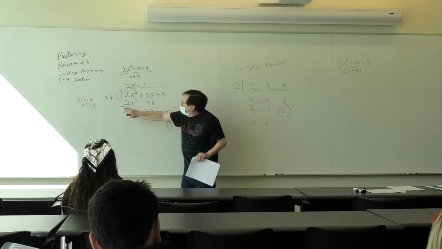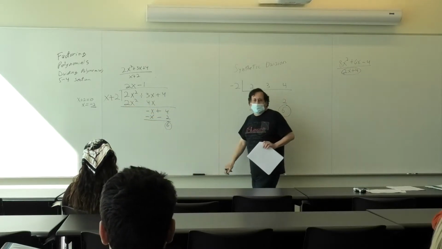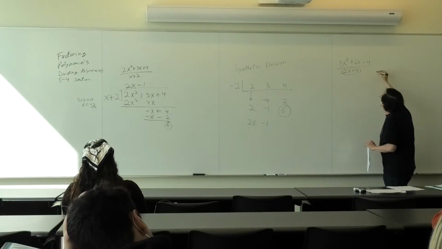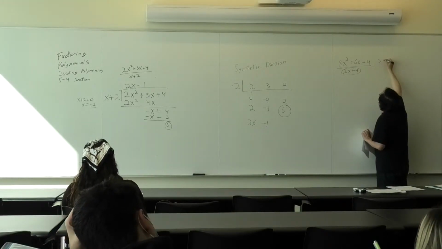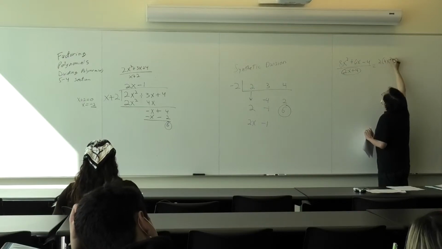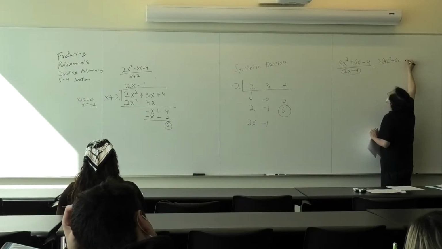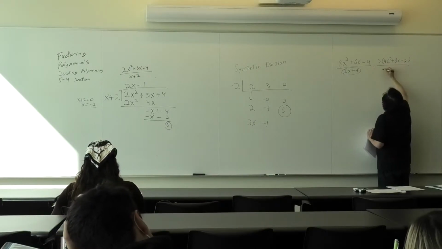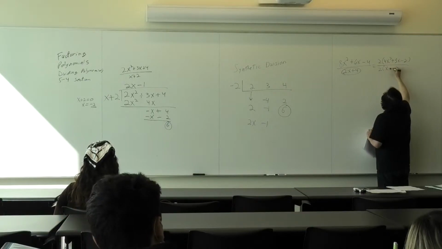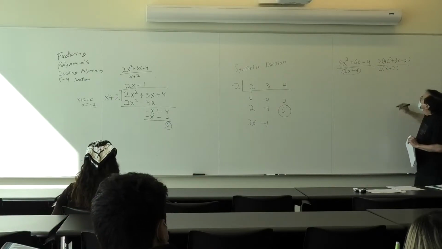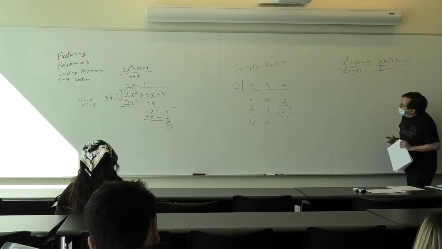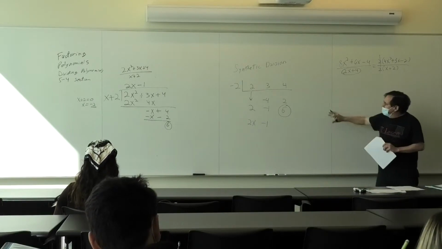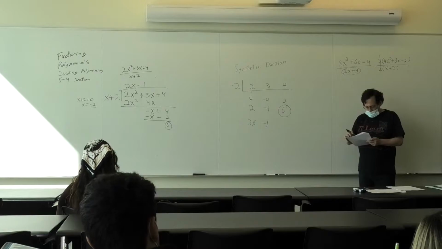We can't have a 2x here. But you might still be able to use synthetic division. In this case, this is 2 times (x squared plus 3x minus 2) over 2 times (x plus 2). And here I can remove the 2. What do you know? I have the same exact problem I have over here, so I could do it exactly the same way.